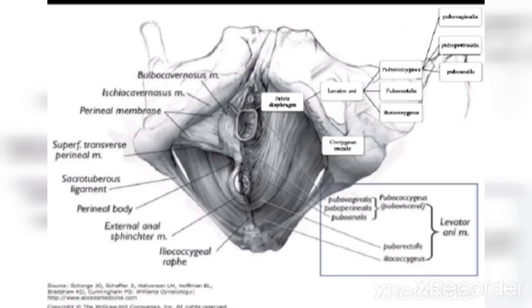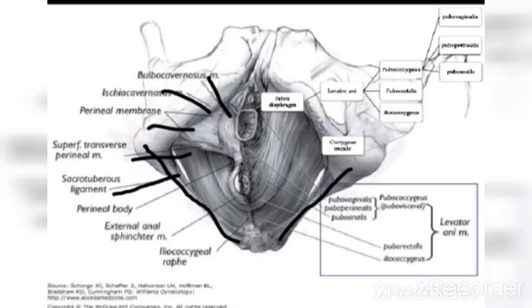Next, you can see the various muscles from top to bottom. This is the bulbocavernosus muscle, then the ischiocavernosus muscle, then the perineal membrane, then the superficial transverse perineal muscle, then the sacrotuberous ligament, from the sacrum to the ischial tuberosity of the hip bone.